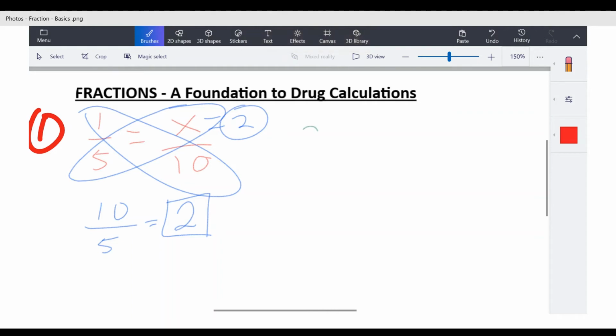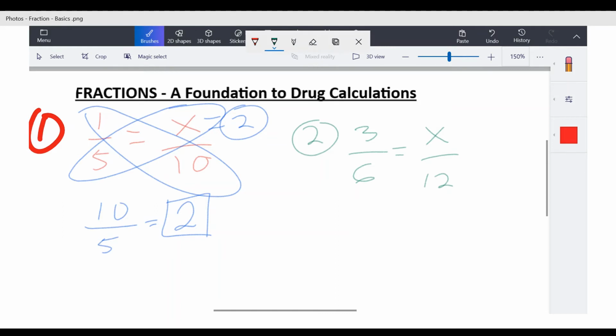For example, number 2. Again, I'm making up stuff here. I will say 3/6 equals x over 12. You may ask, what do I do in this case? What you do is the same thing we did with number 1, which is to cross multiply, number times number.